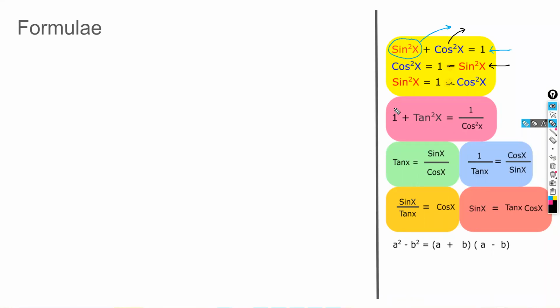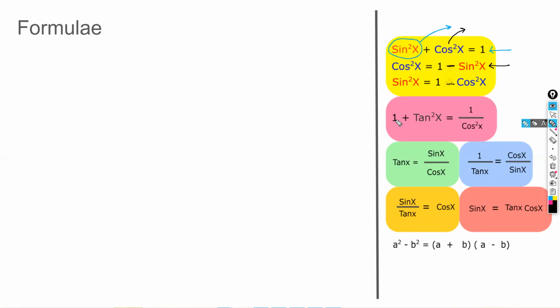The pink formula is just a formula you need to learn off. Anytime you see the pattern 1 plus tan squared x, if you want, you can replace it with 1 divided by cos squared x. That's if you choose to do that, right? Sometimes making the change helps you in the question. And of course, some of you are asking, how will I know when it's the correct time to change it?